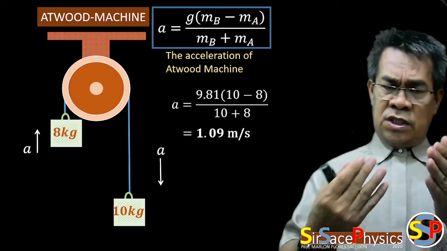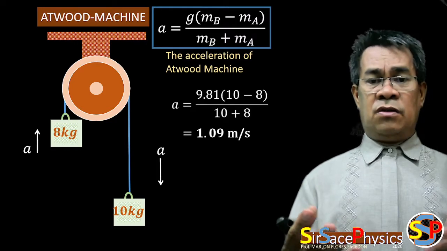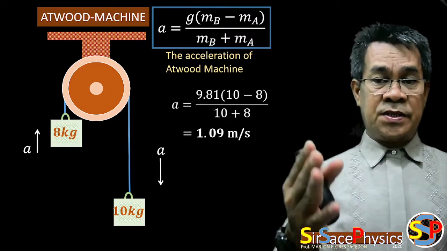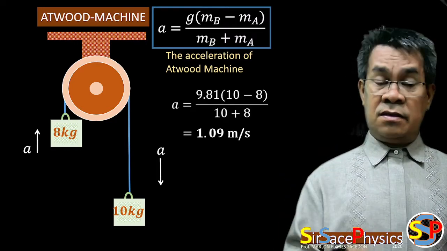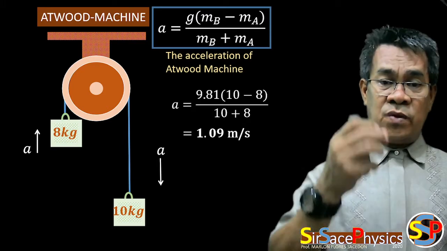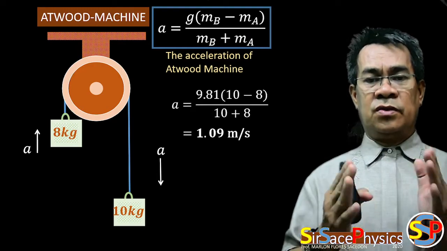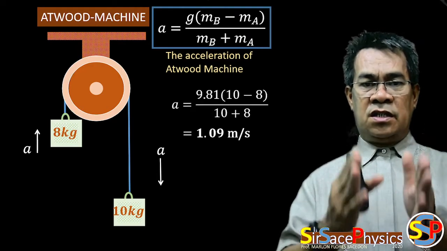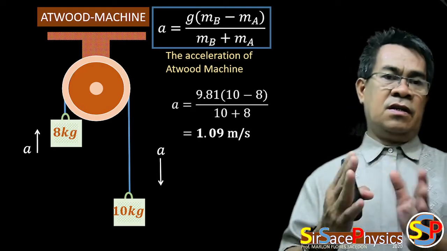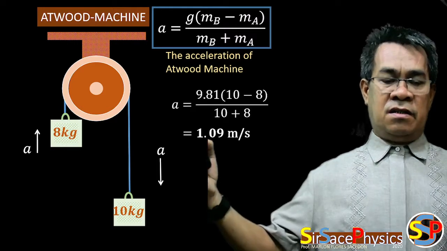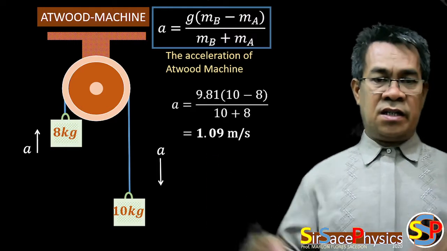Since we know the acceleration, can we solve for the unbalanced force of A and B? The answer is yes, because we already have the acceleration. As I've said, it is very important to know the acceleration because it is the common point between the quantities of dynamics and kinematics in mechanics.